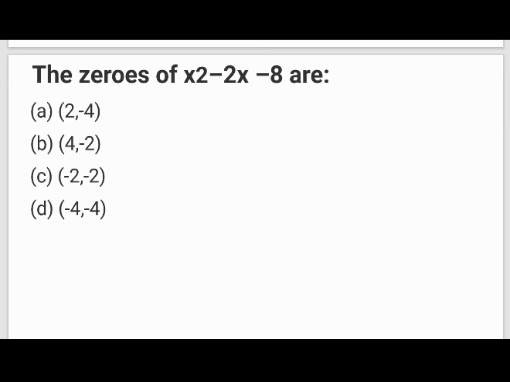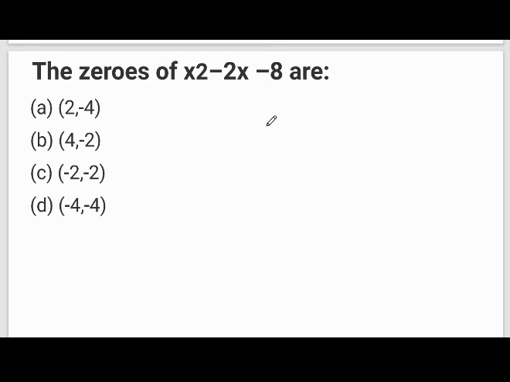Okay. Now the next question is, the zeros of x square minus 2x minus 8 are. Option A 2, minus 4, option B 4, minus 2, C minus 2, minus 2, D minus 4, minus 4. You know, if the coefficients of x square, x and the constant a, b and c are all greater than 0, or a, b, c all are smaller than 0, then both the zeros are negative.